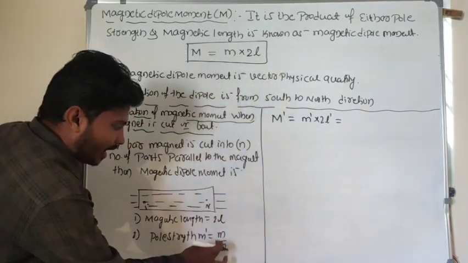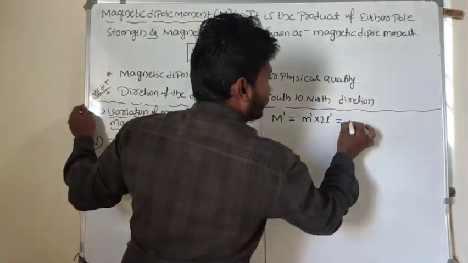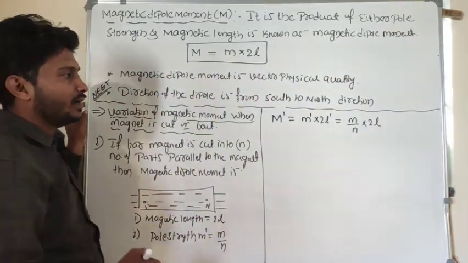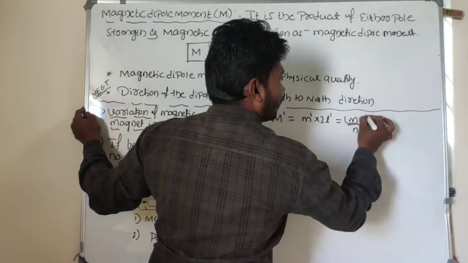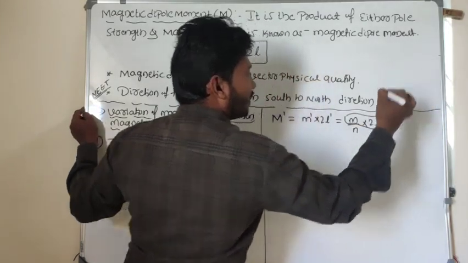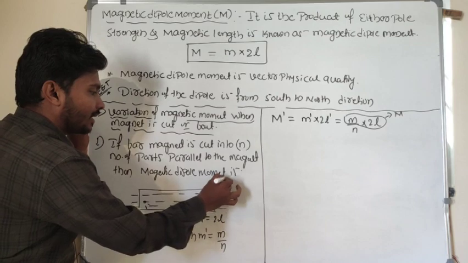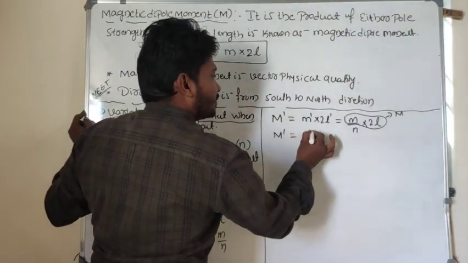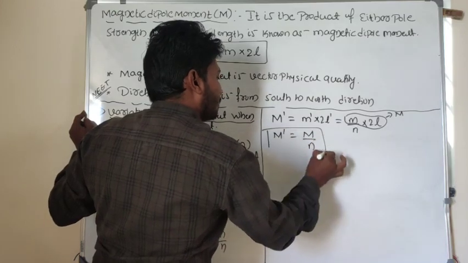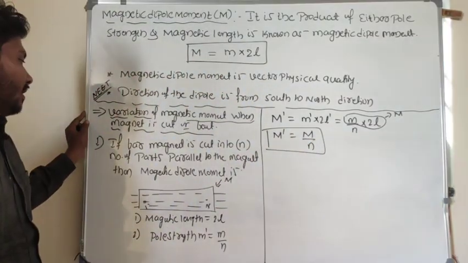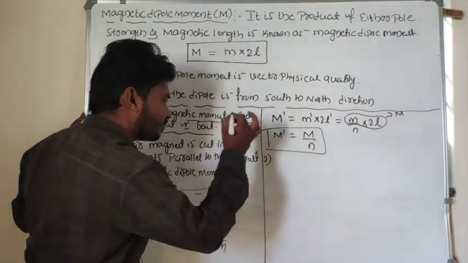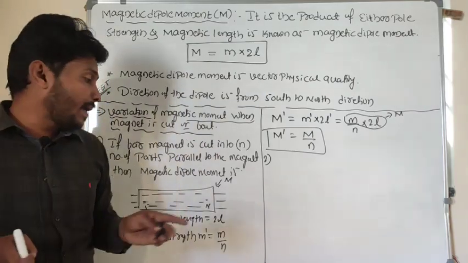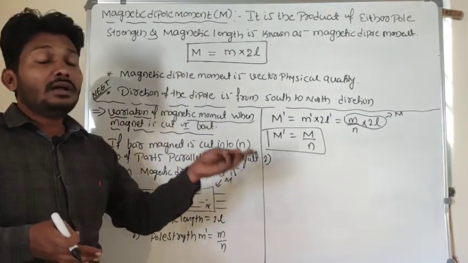What is the value of m dash here? m by n. 2l dash, its value is 2l only, right? So m into 2l, we can call it the initial magnetic dipole moment. Before cutting, its magnetic moment is m. After cutting, its magnetic moment becomes m by n. This is the value.